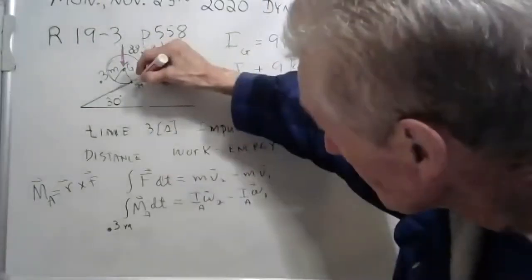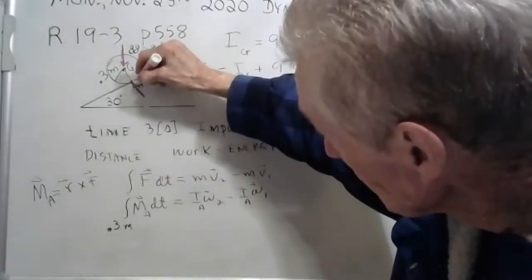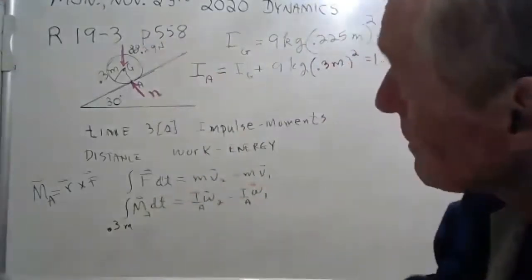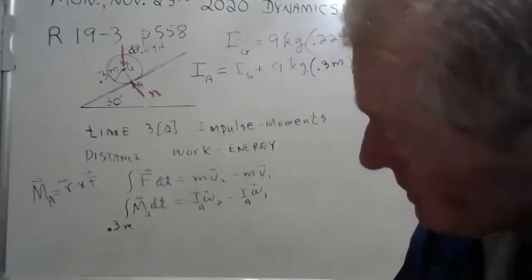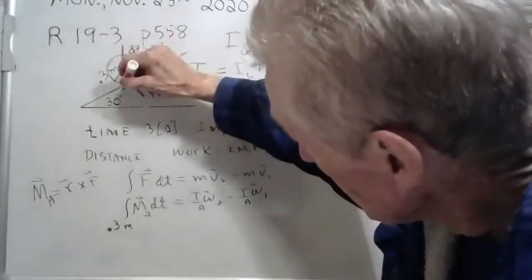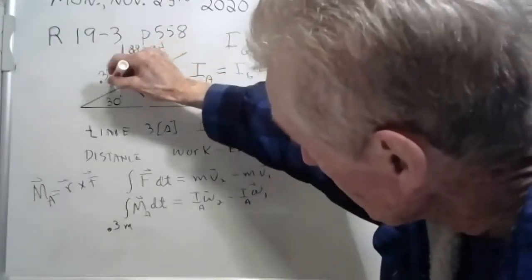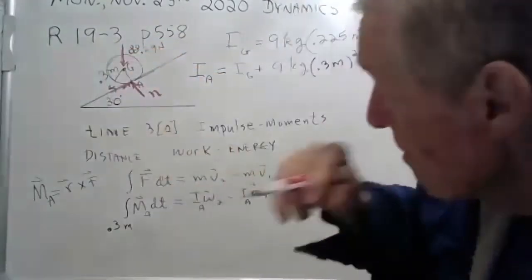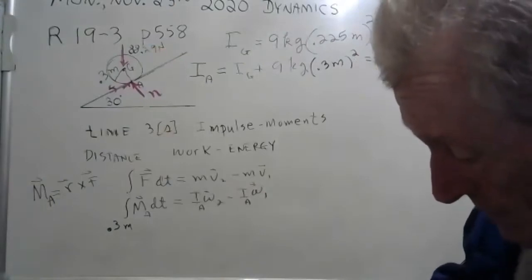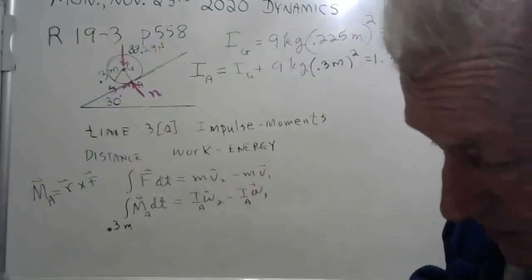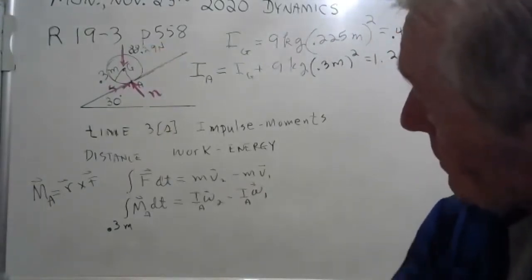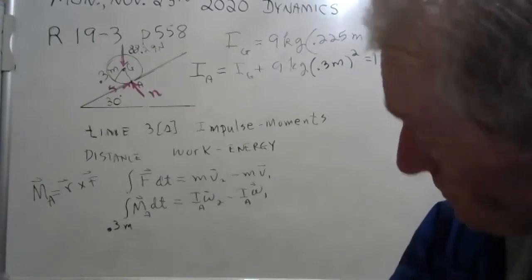We got a normal force here, and a frictional force. I'm thinking the friction's going this way. Well, I think that's it. I don't know of any other forces on that wheel.